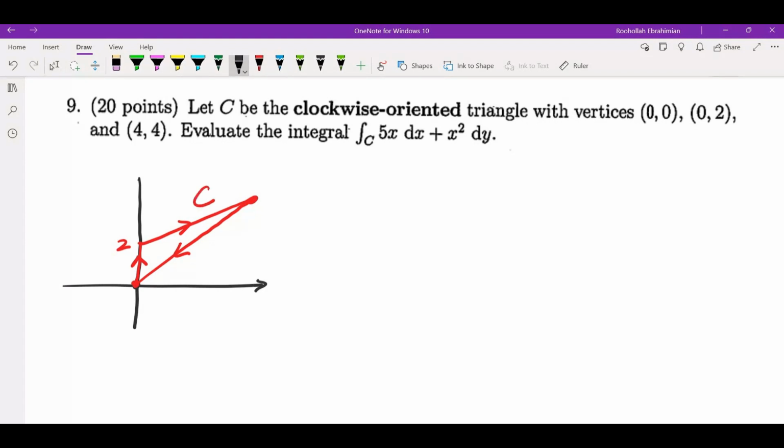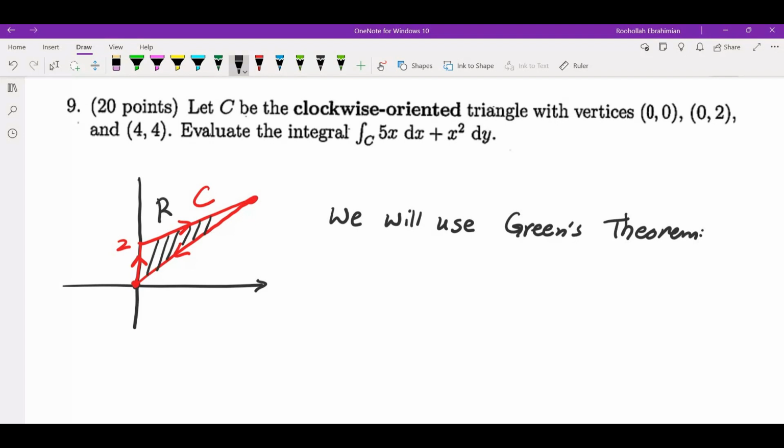So what would be a good way of evaluating this line integral? The good way would be to use Green's theorem, because this is a closed curve. So we will use Green's theorem. So when we apply Green's theorem, we need to have the region.